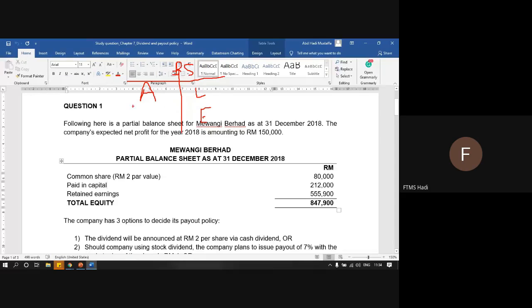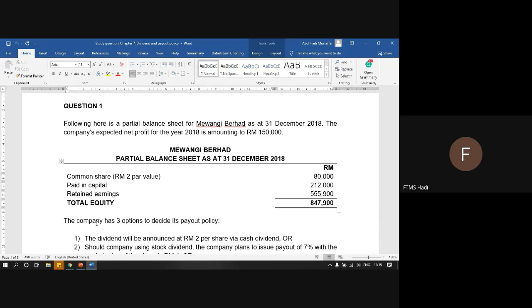We are taking the equity part only, because asset and liability do not involve anything in the payout. Usually dividend and payout only affect the equity account in the balance sheet.